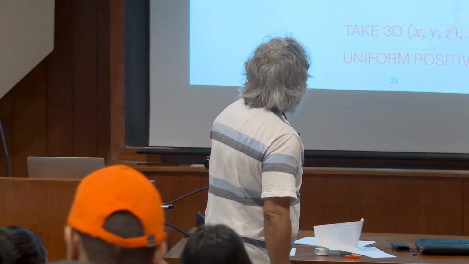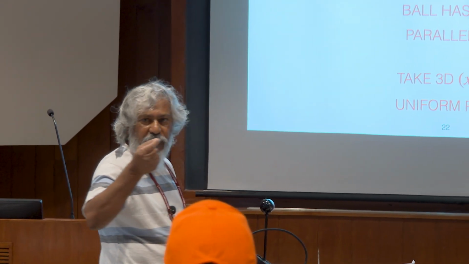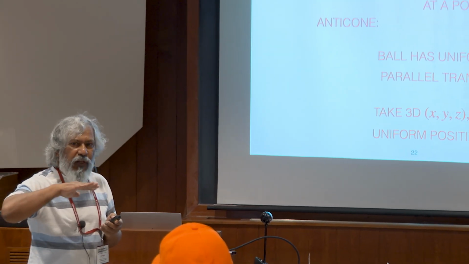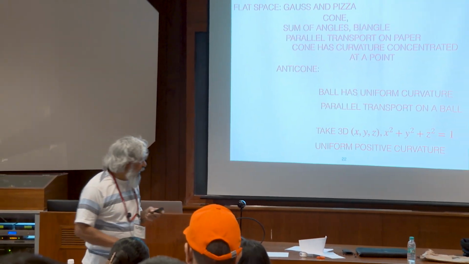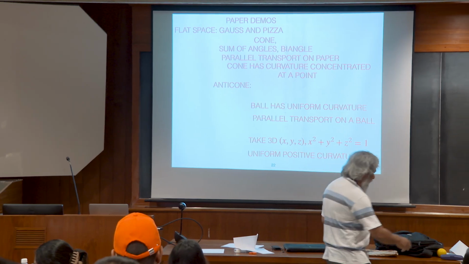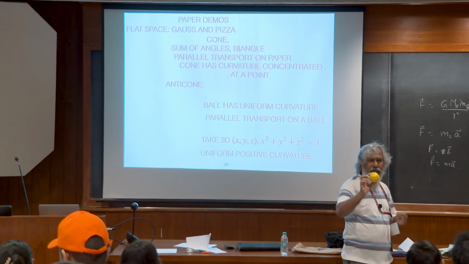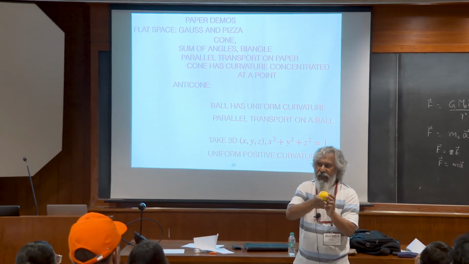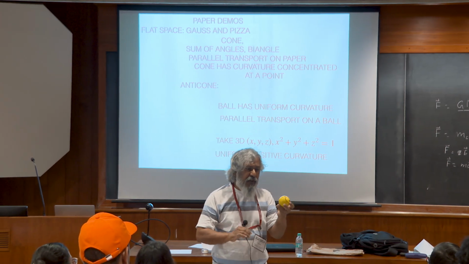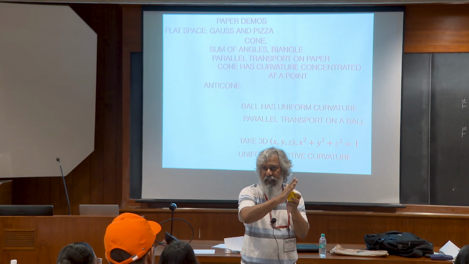Now, what I did was to talk about curvature which is concentrated at one point. Next, I'll talk about curvature which is uniformly distributed. That happens for a ball like this. Here is an object which is curved everywhere, not just at one point, but still a small piece of it is flat.